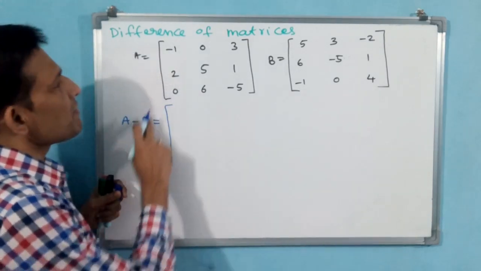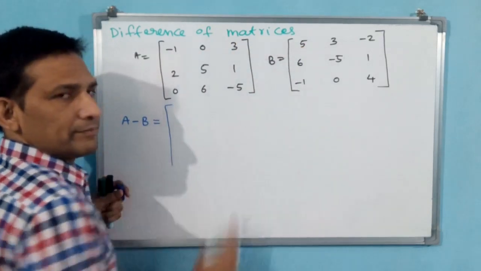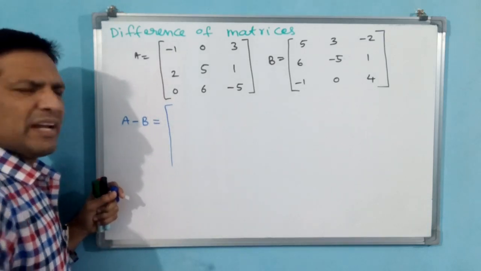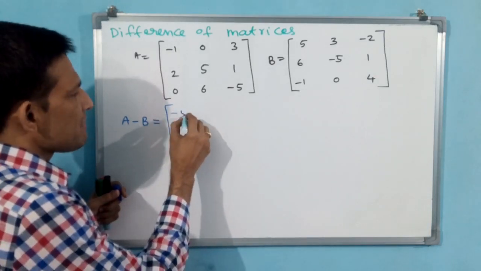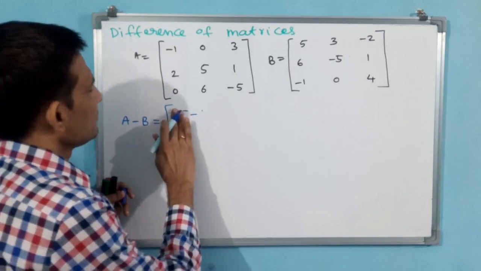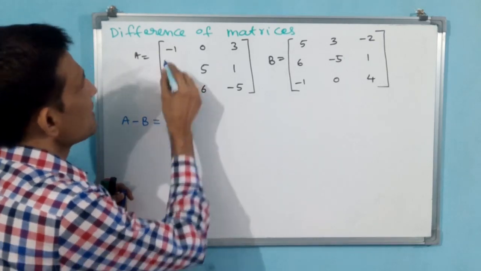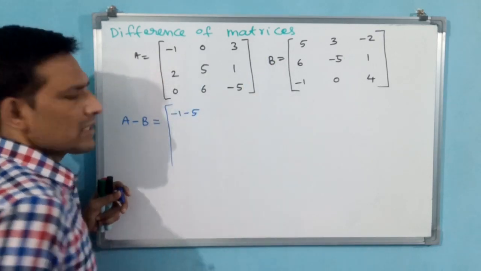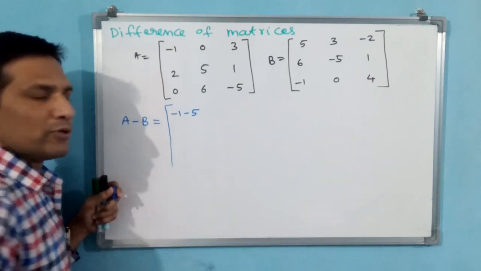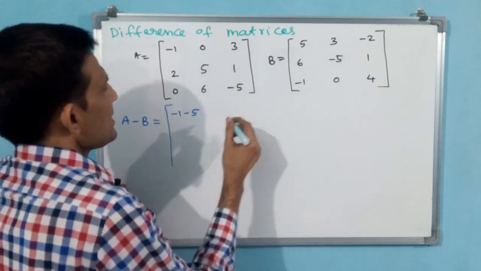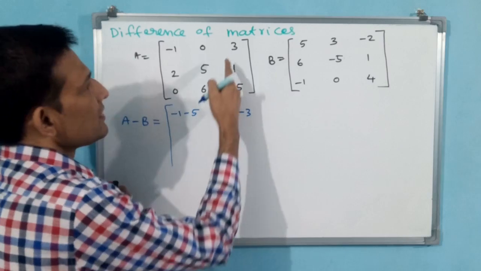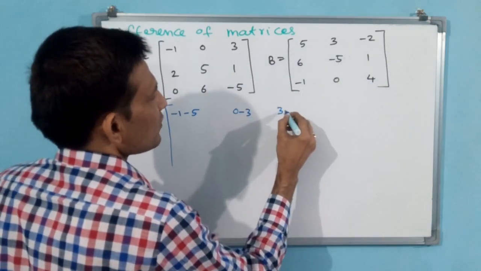You see, A minus B means -1 minus 5, -6. Shall I write -1, -5? I am writing. In the next step we will conclude. 0 minus 3. 3 minus of -2.